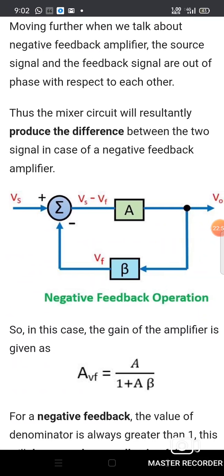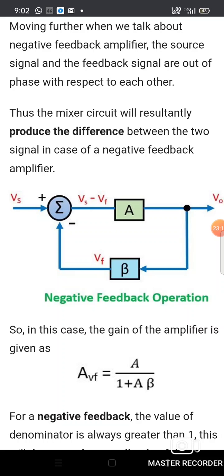And next is negative feedback. The sentence given there says the mixer circuit will produce the difference between the two signals in the case of a negative feedback amplifier. So the mixer point output is Vs minus Vf, with the negative sign for negative feedback.